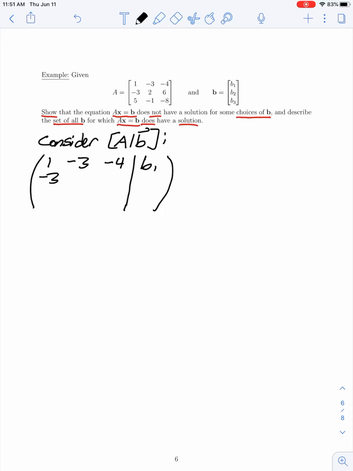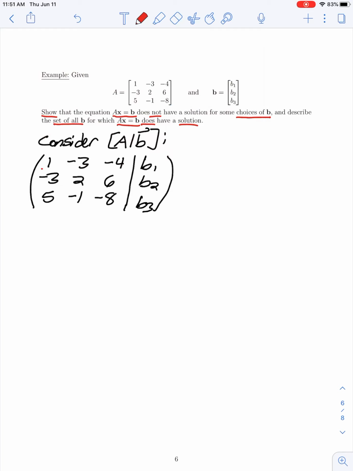For our second row, we have -3, 2, 6, B2. And for our third row, we have 5, -1, -8, and B3. So to solve this, we want to try to put this matrix in reduced row echelon form, or at least echelon form.